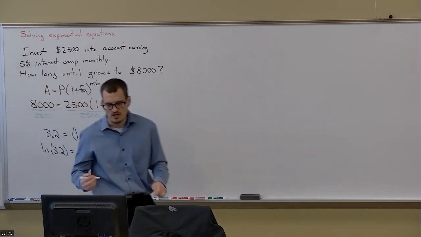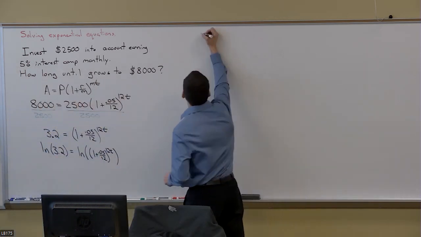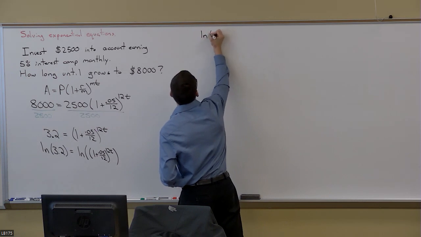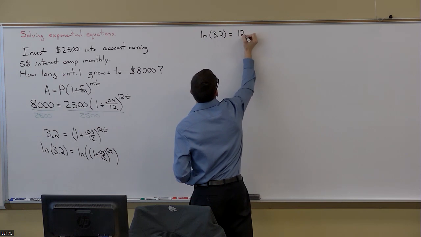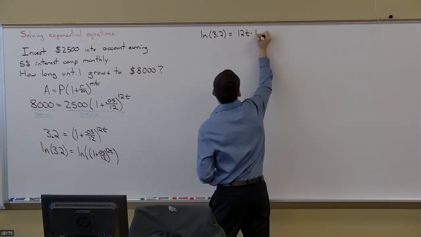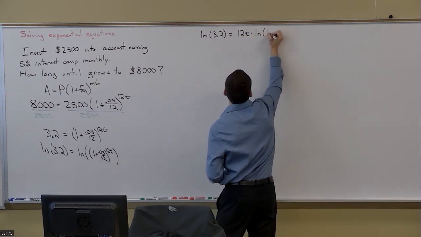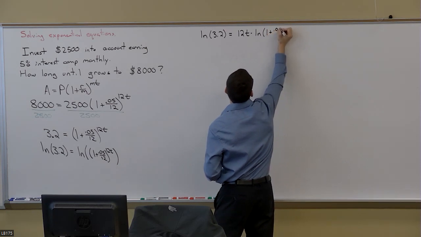Using the rules of logarithms, I can pull the 12t out front. And that's going to be multiplied times the natural log of 1 plus 0.05 over 12.